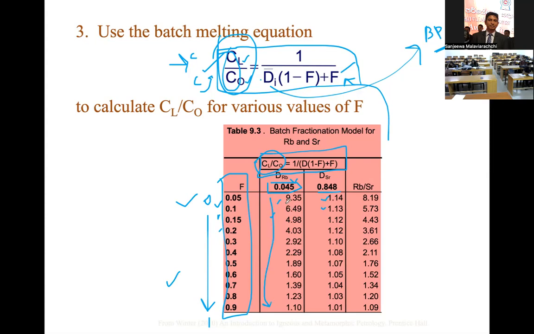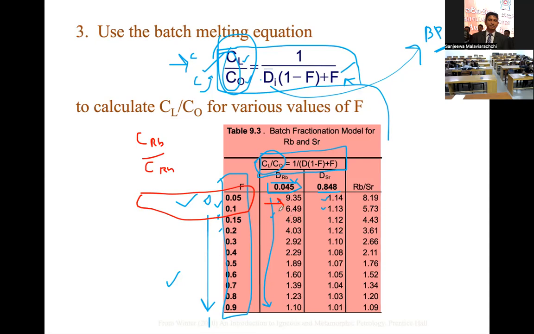So what happens at the initial melt composition, at the initial melting situation? That corresponds to a very low degree of melting, somewhere here. You can see the ratio is very high. That means the ratio CL, the concentration of rubidium in the liquid divided by the concentration of rubidium in the source, gives you a high variation there.